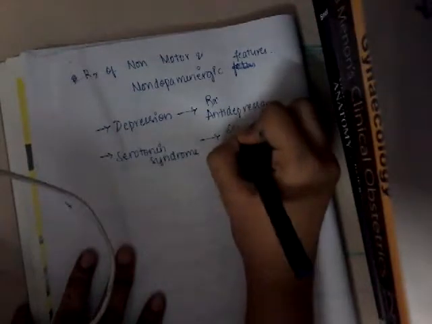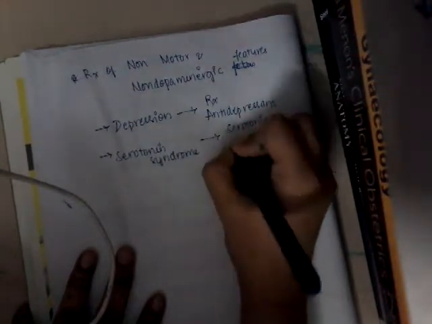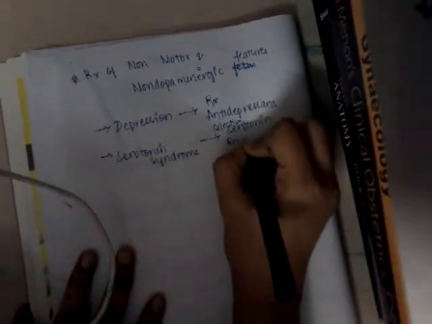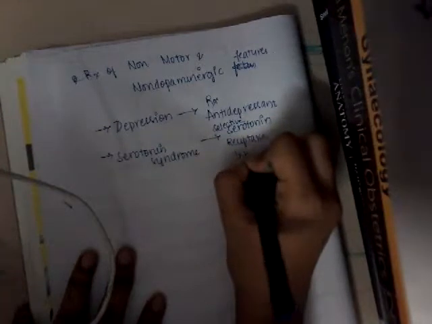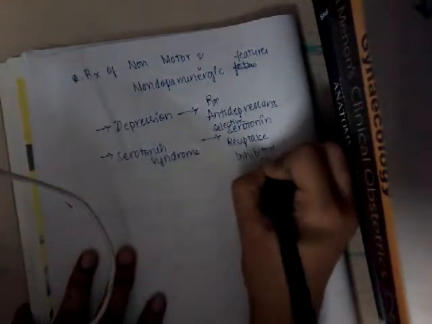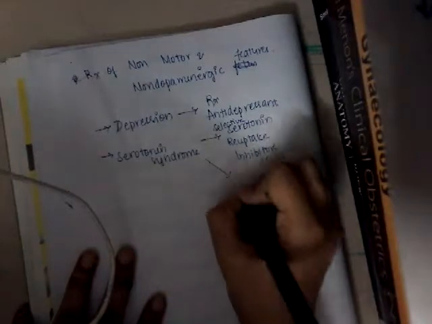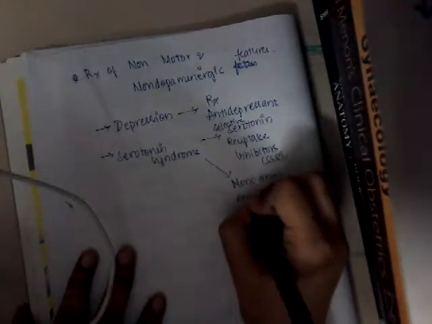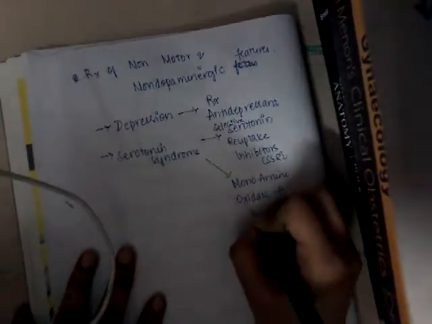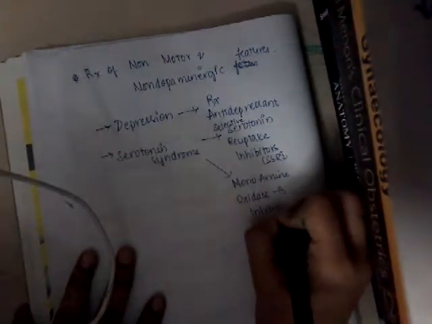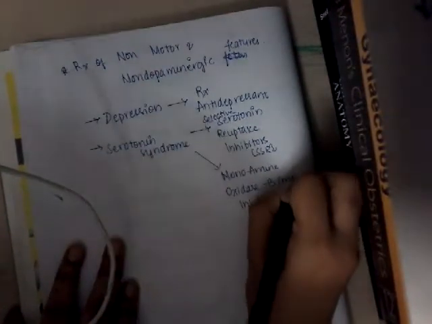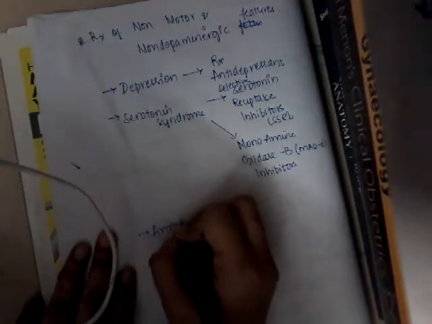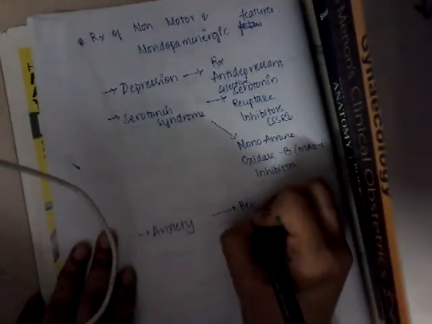And these symptoms are treated by selective serotonin reuptake inhibitors, that is SSRIs, and also monoamine oxidase B inhibitors, that is MAOB, right? And sometimes the patient has anxiety, so this anxiety is treated with benzodiazepines.